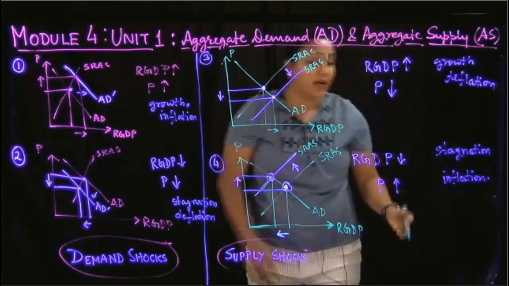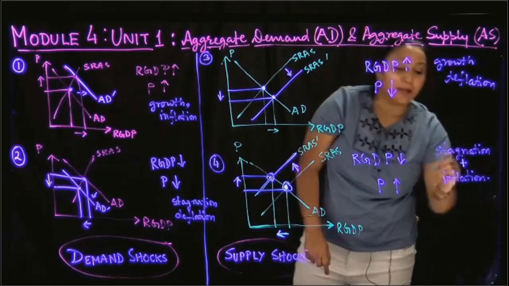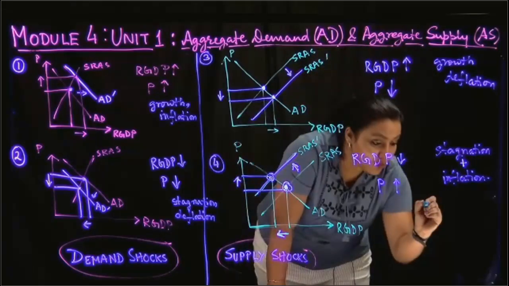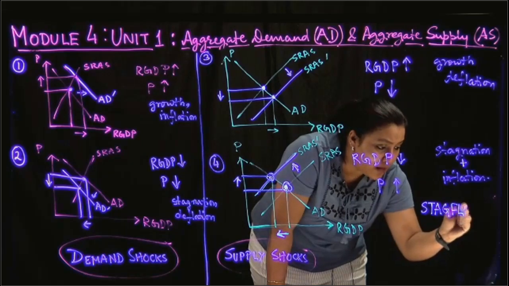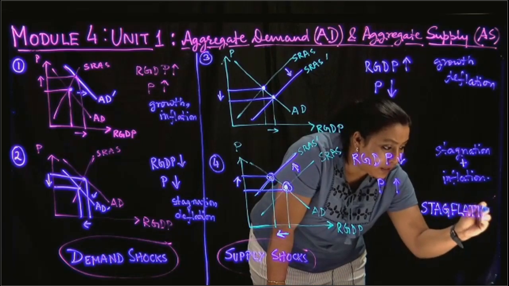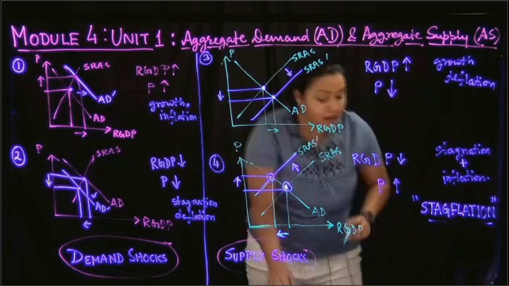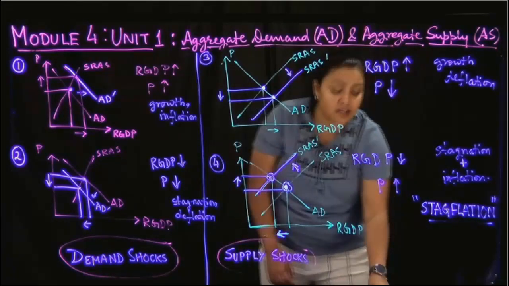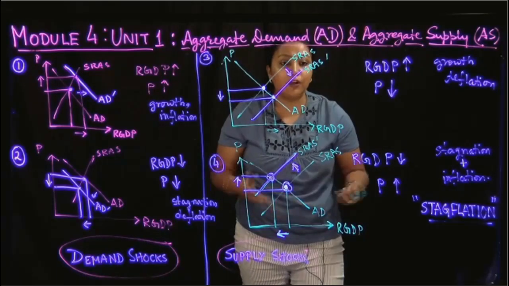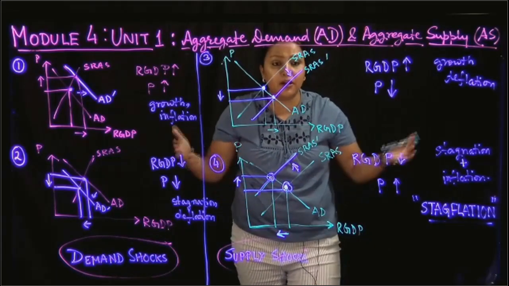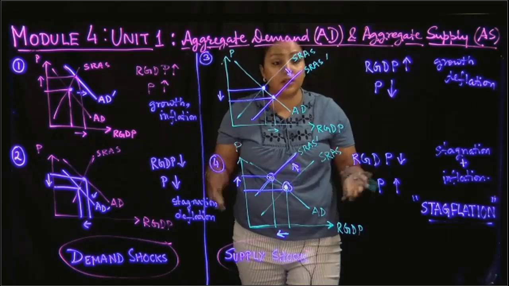Now please note that if there is stagnation and inflation in the economy happening at the same time, this is also known as stagflation. And it is the worst impact possible on the economy, because on one hand your economy is stagnating and on the other side the prices in the economy are rising high. This is a very high level of inflation, something like hyperinflation, similar to what happened in Venezuela or Zimbabwe.